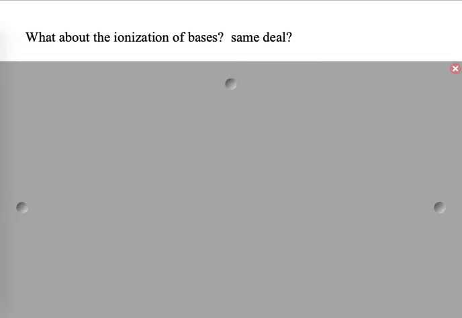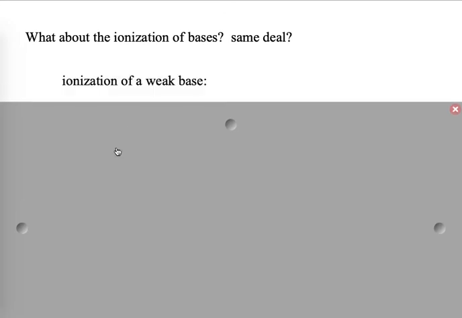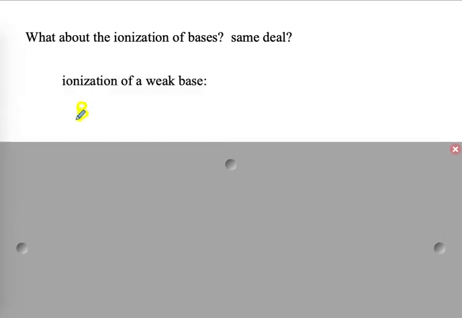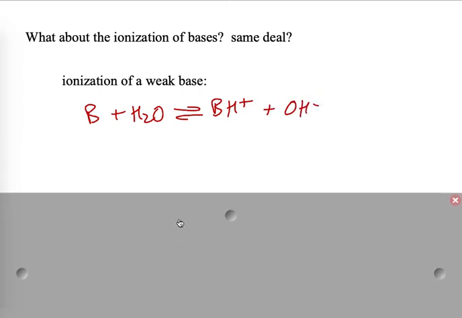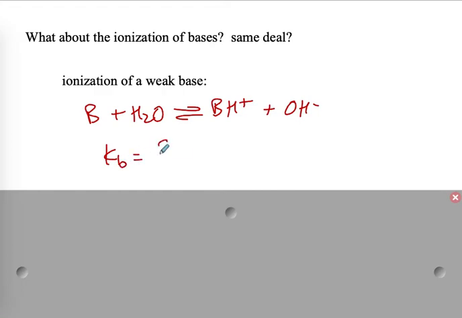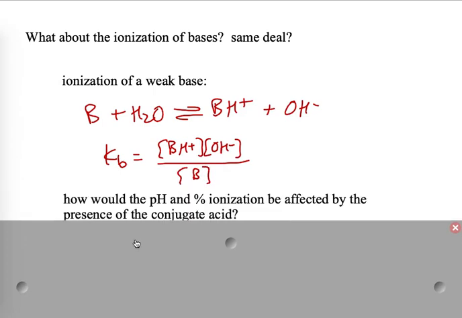Now, what about the ionization of bases? Do we have the same thing going on? Well, let's try it and see. For an ionization of a weak base, I can write the equilibrium. The base plus water is in equilibrium with the conjugate acid plus hydroxide, for which Kb is equal to the concentration of the conjugate acid times the concentration of hydroxide over the concentration of the un-ionized base.